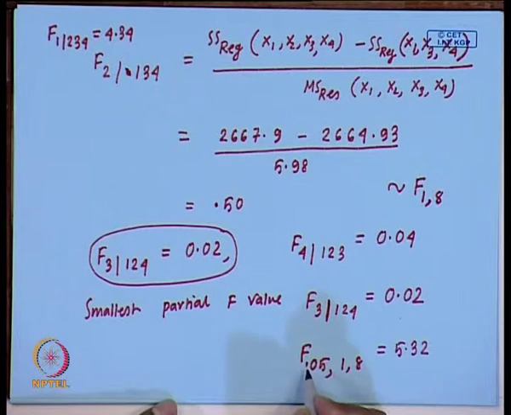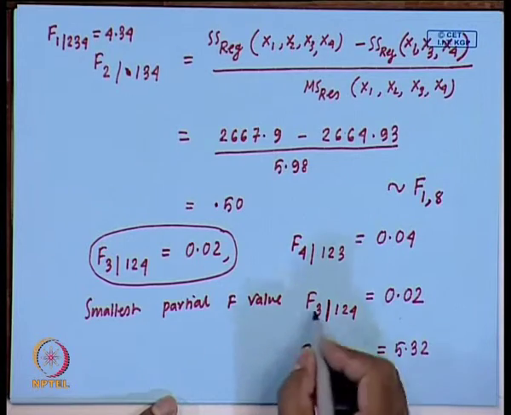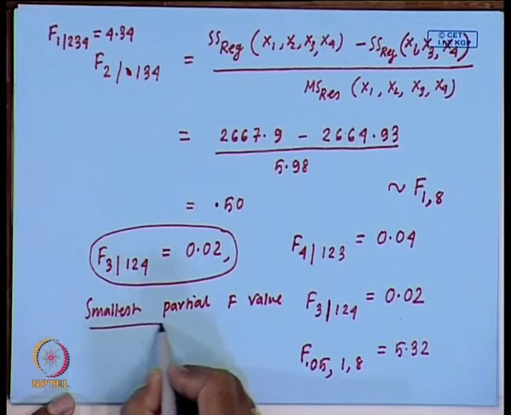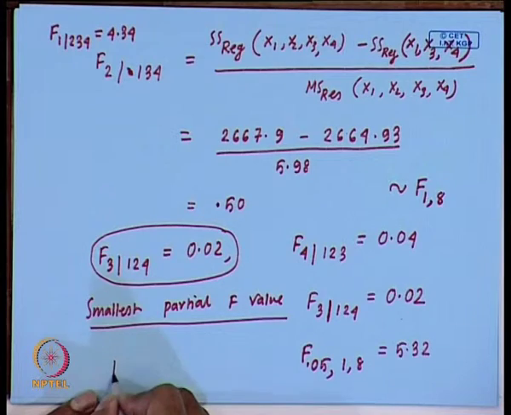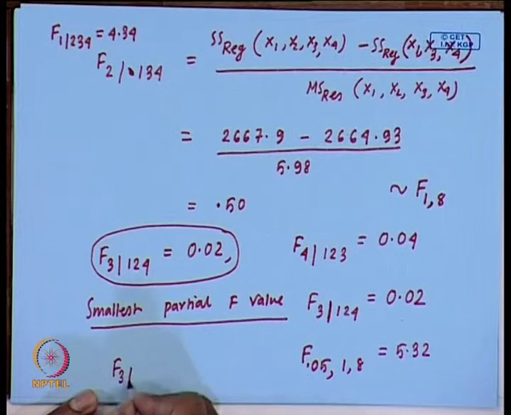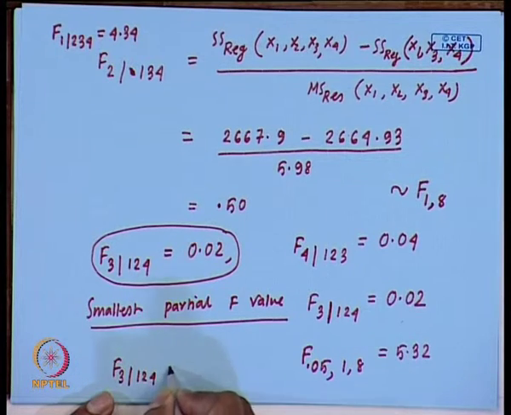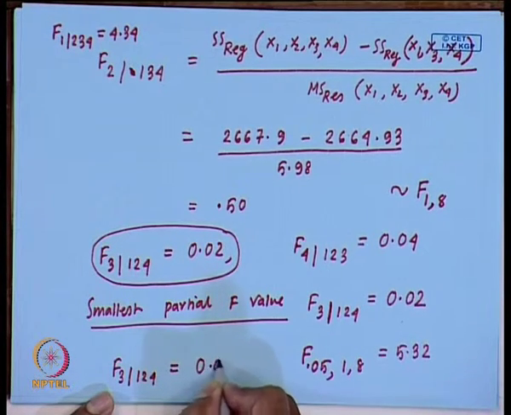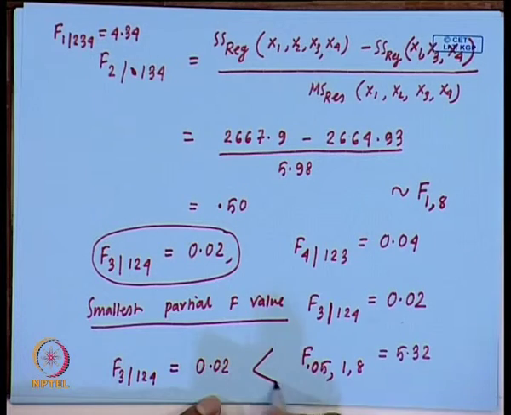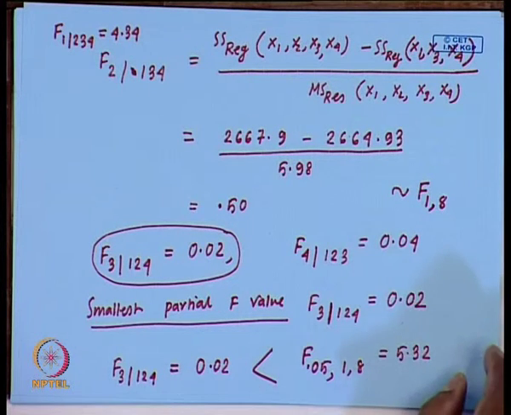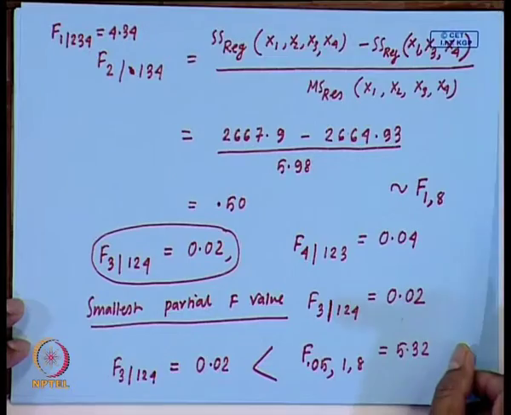Now, this one is the smallest partial F value, which is F3 associated with x3 given 1, 2, 4. This one is less than the tabulated value. So, x3 is insignificant. We can remove x3 from the model.